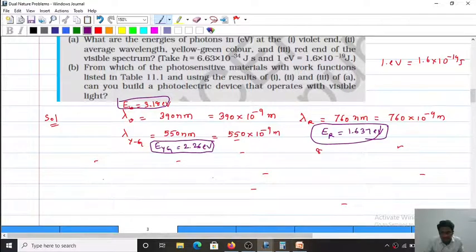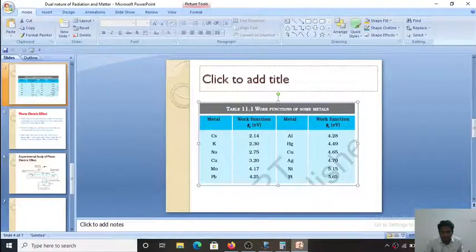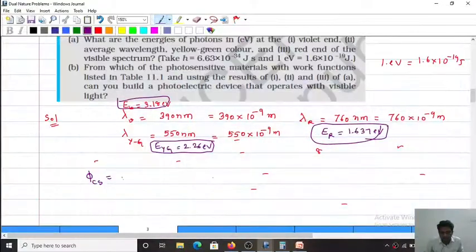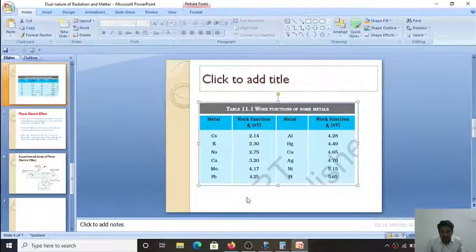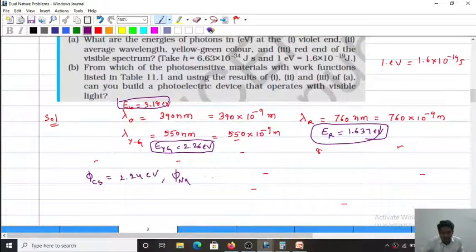Work function of cesium is equal to 2.14 electron volts, and work function of potassium is 2.30.